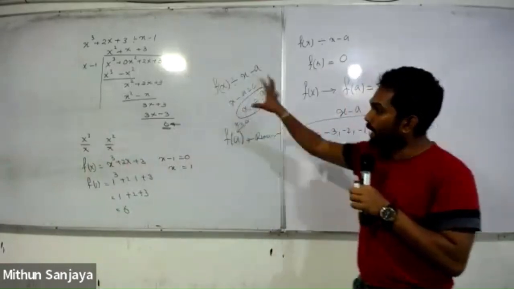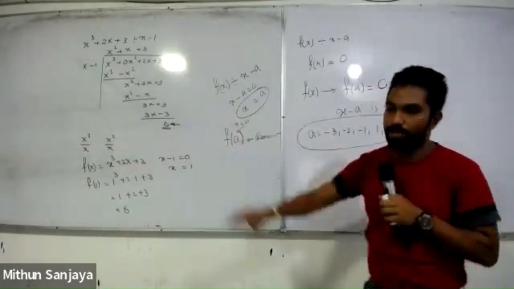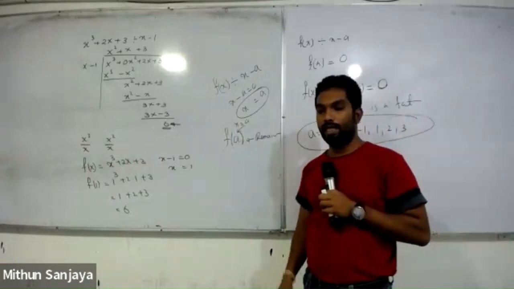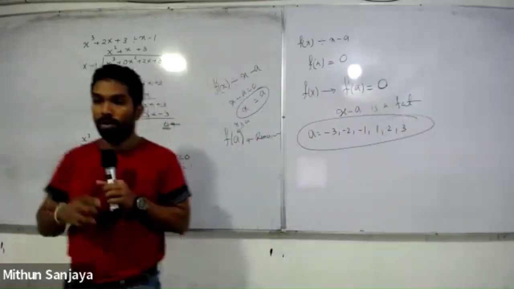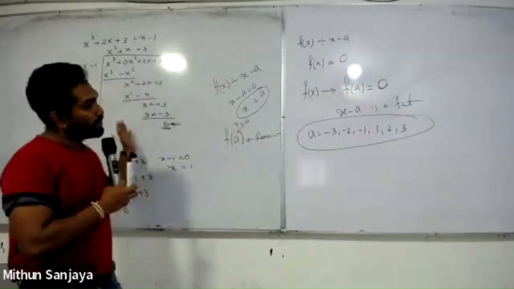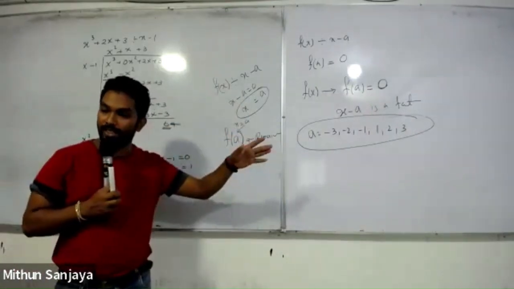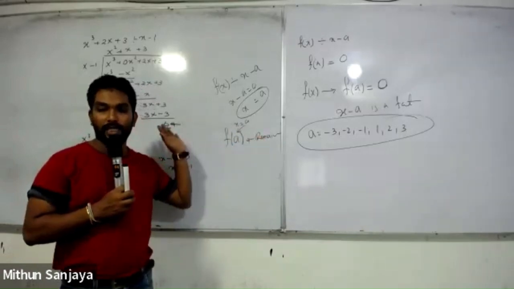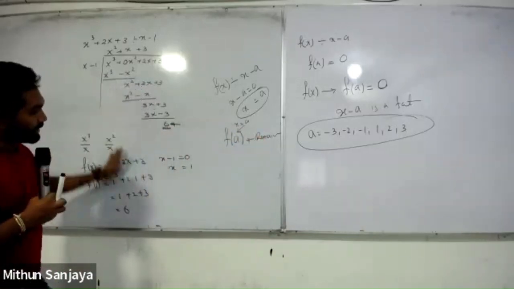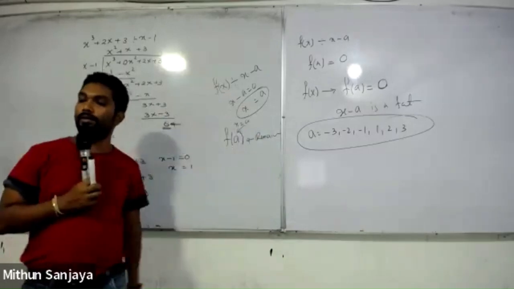But that's the review, a trailer of the first and second lists. Now you can get the understanding of how we get the remainder and how we get the factors.